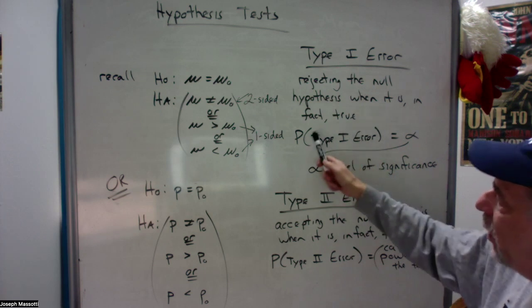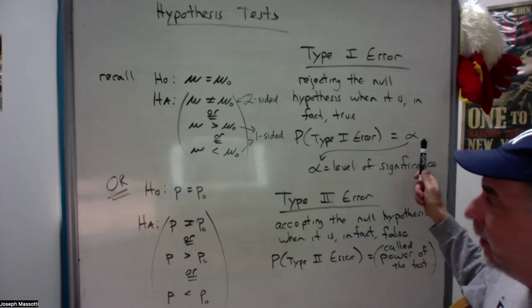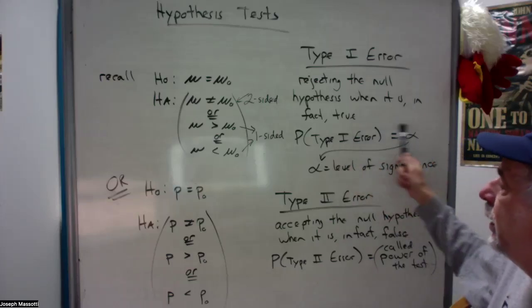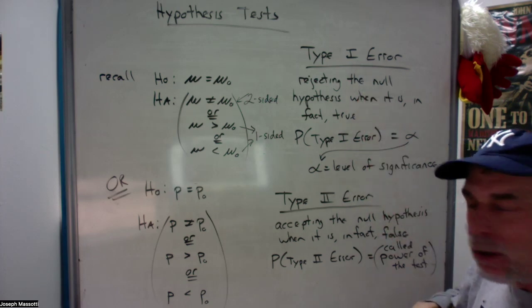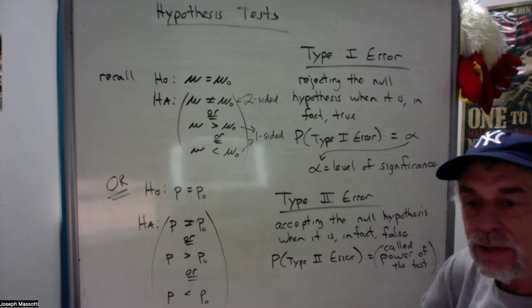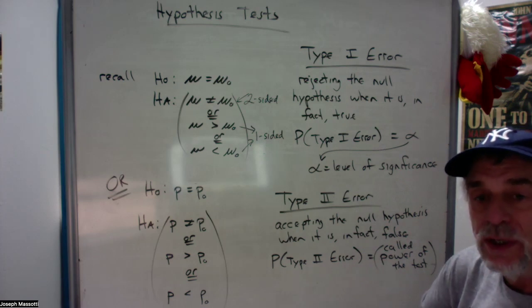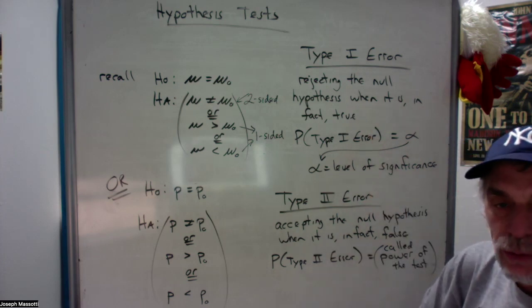And the probability of that type 1 error is the level of significance that we set at the beginning of the test. This is how often we're willing to make that type 1 error. Right? If we set the alpha level at 0.1, then we know 10% of the time we're going to make a mistake. We're going to reject the null hypothesis when it is in fact true.